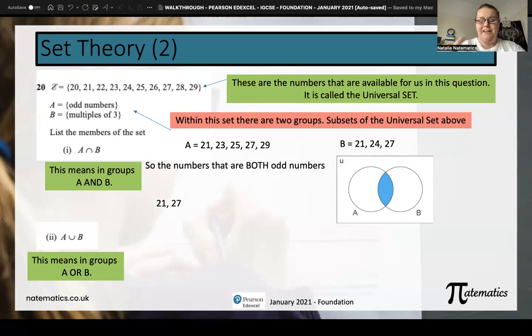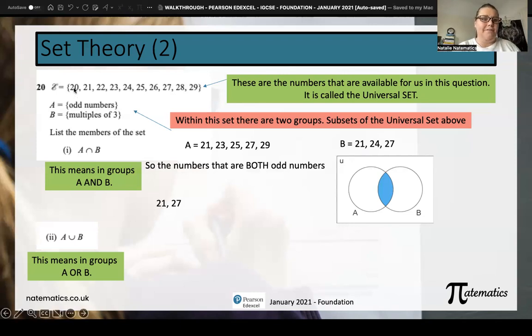I haven't put the text box on here, but there's a quick question for you. Would A or B basically be this whole set here? Would it be all of those numbers? It wouldn't, unless A and B contained all of the numbers from the beginning.